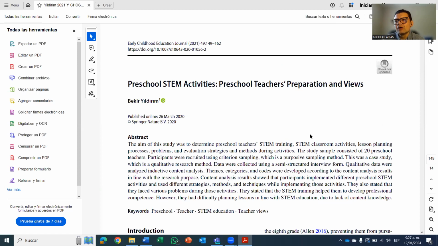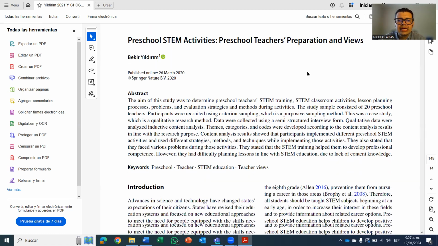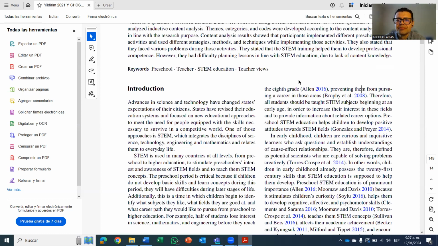This is about a program where they receive some preparation about some STEM activities, and they receive some open-ended questions in a questionnaire about how their experience is, what they perceive they advanced in, and also the topics where they couldn't advance. That's what that article is about.